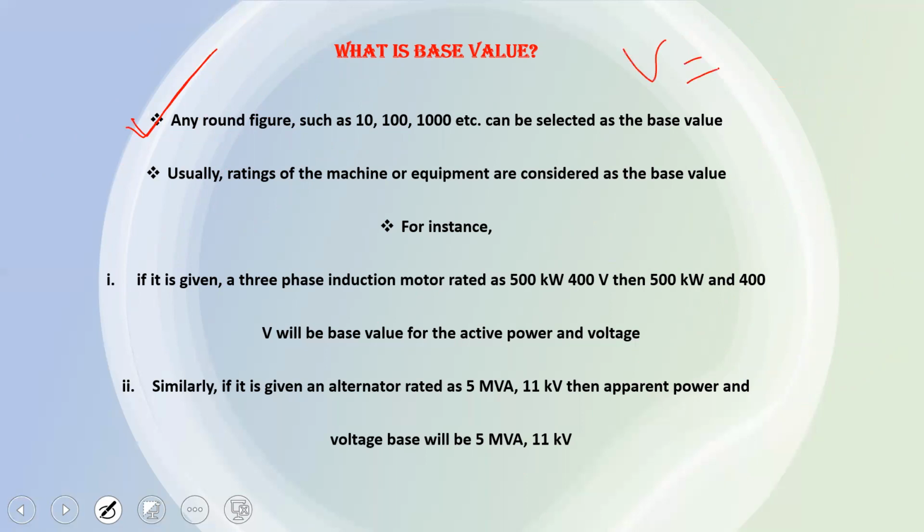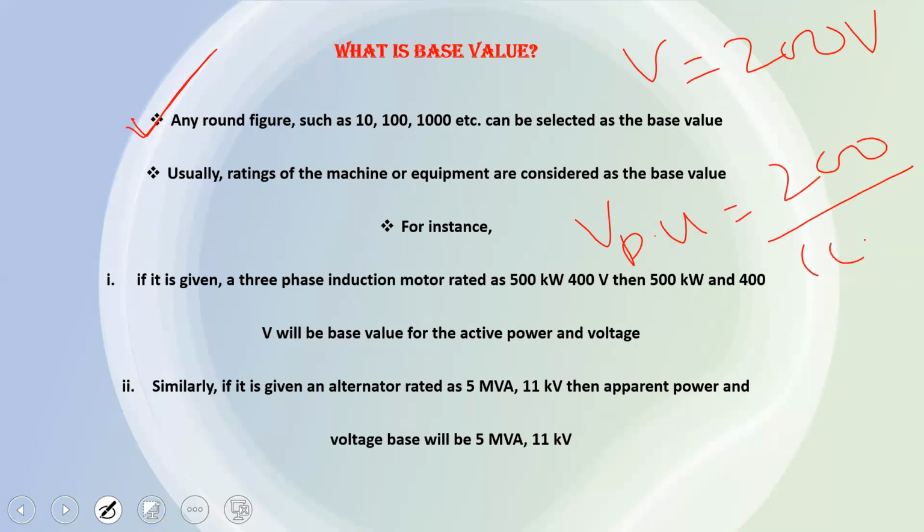Suppose the question is: voltage is 200 volt, calculate this 200 volt in per unit. In per unit, the answer may be 200 by 1000, or the answer can be V per unit equal to 200 by 100 per unit. Both answers are correct.